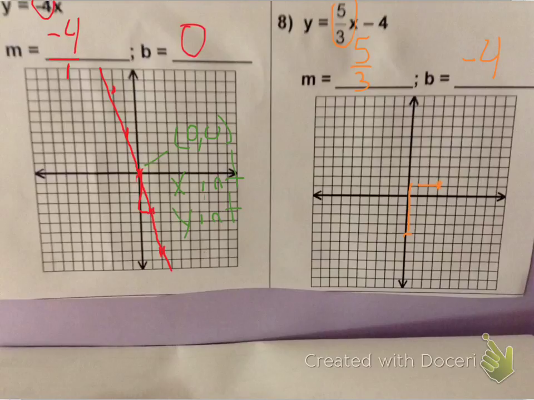Up 5 over 3. Down 5 over 3. And that's it.